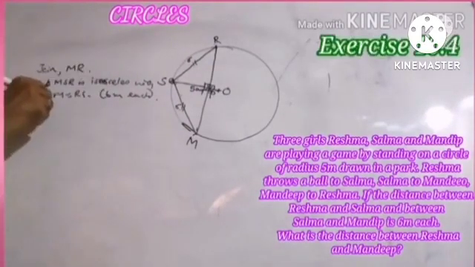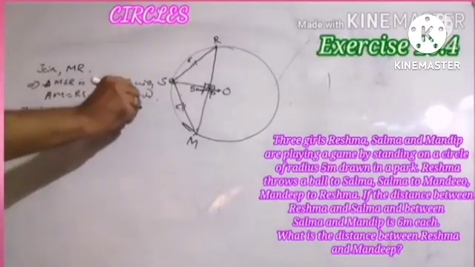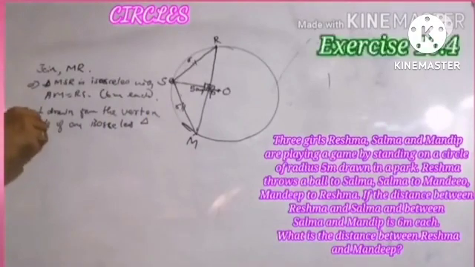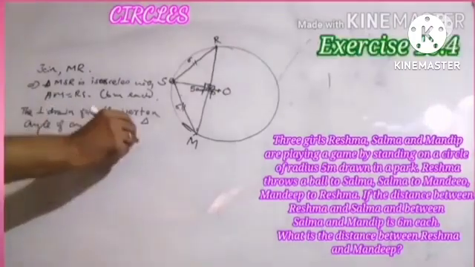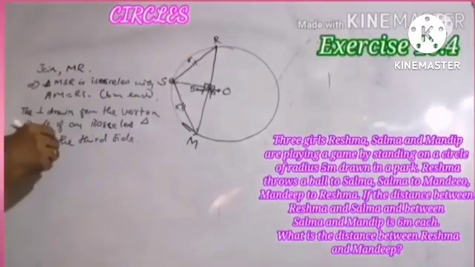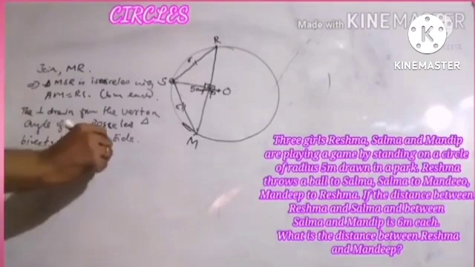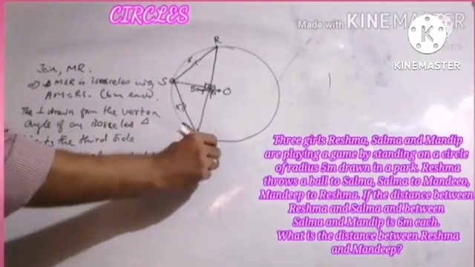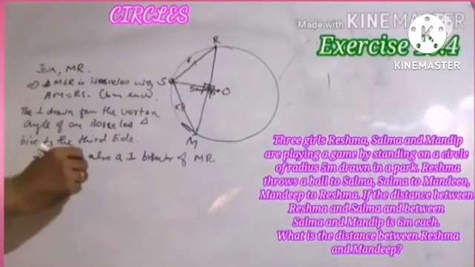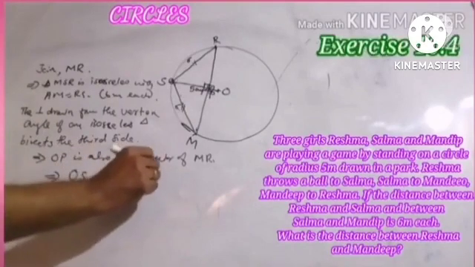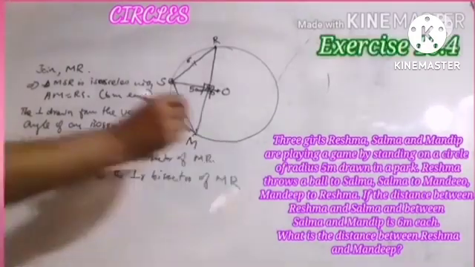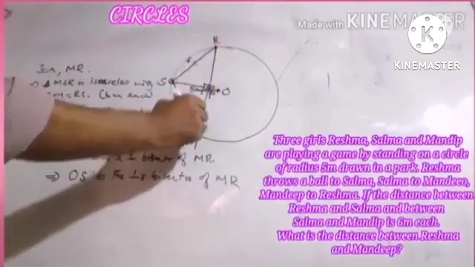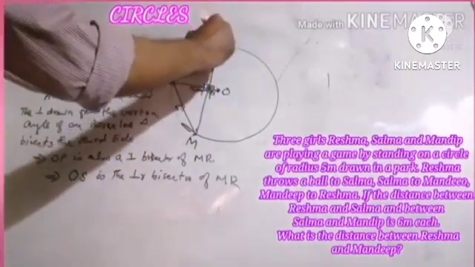Next, the perpendicular drawn from the vertex angle of an isosceles triangle bisects the third side, which implies OP is also a perpendicular bisector of MR, which implies OS is the perpendicular bisector of MR. So P is the midpoint of RM.